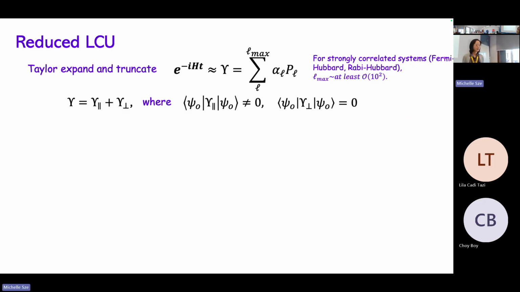By the parallel group, we mean the operators in that LCU where, if you act them on your initial state and then take the overlap with the initial state, it gives you a non-zero result. Whereas the orthogonal group will give you a zero overlap with the initial state.